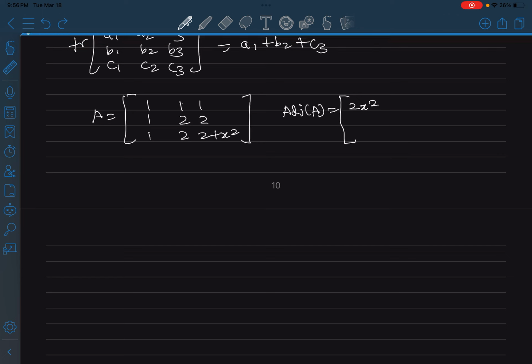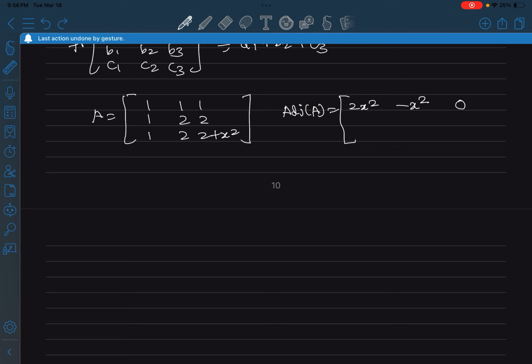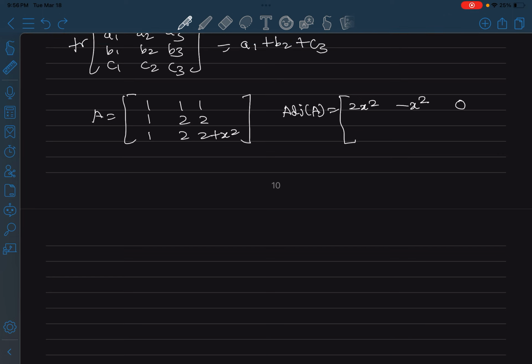It works that way. Now for 1, the minor is 2 plus x square minus 2, which is x square, but the sign is negative. For the next 1, it's 2 minus 2, which is 0. For this one, it's 2 plus x square minus 2, which is x square, sign is negative. For the center 2, minor is 2 plus x square minus 1, so x square plus 1, and sign is positive, right?